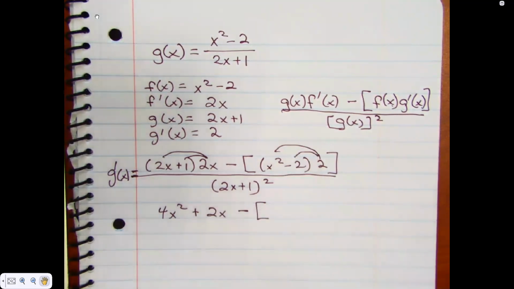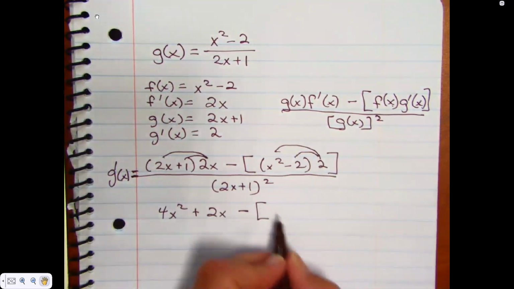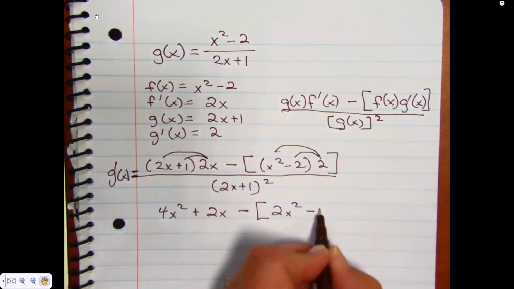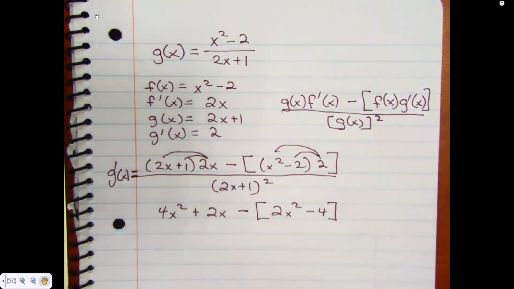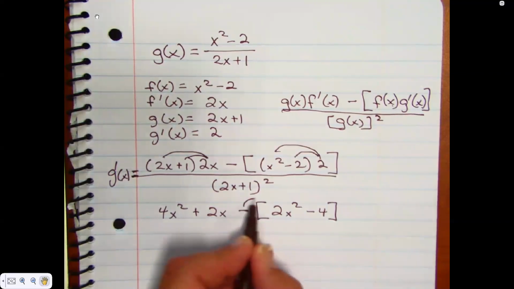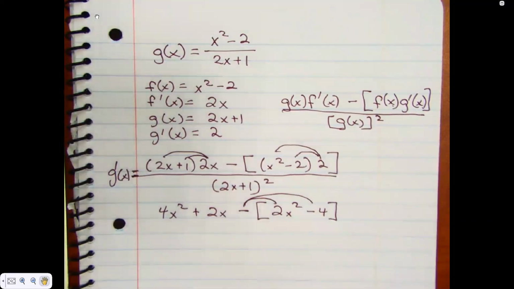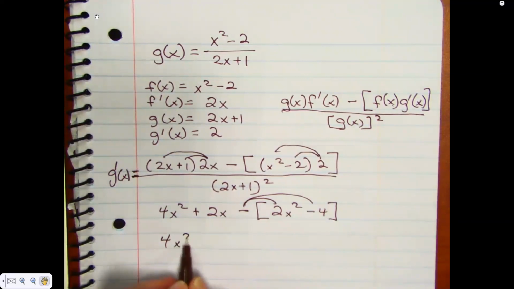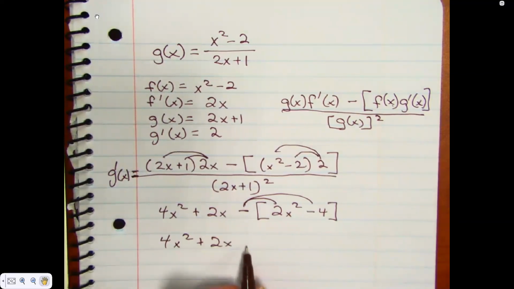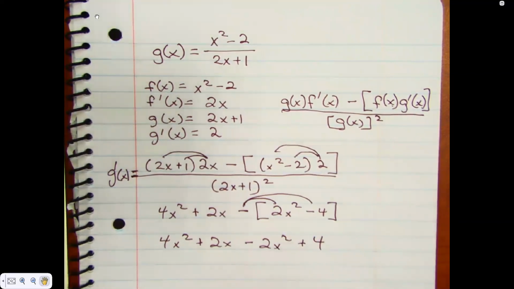It's okay that it's in the back. That's no problem at all. So 2x squared minus 4. Okay, now here's where I take the shortcut, but I need to make sure that I distribute that negative. That's so important. So 4x squared plus 2x minus 2x squared plus 4. Make sure that we put those brackets there. We got to make sure we use them. Change every sign after.